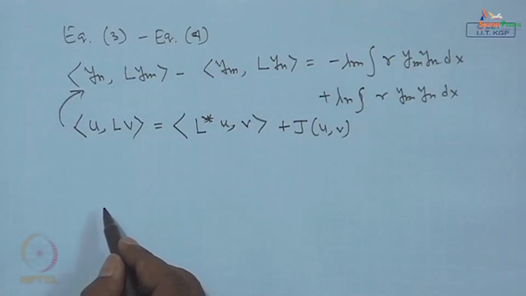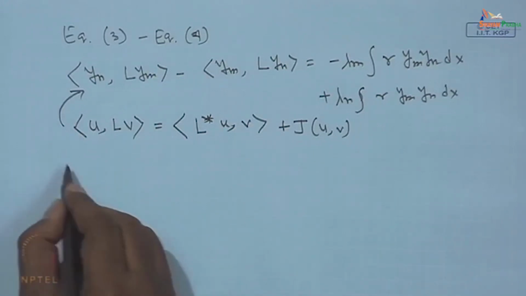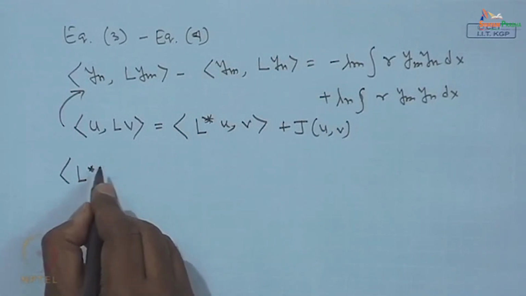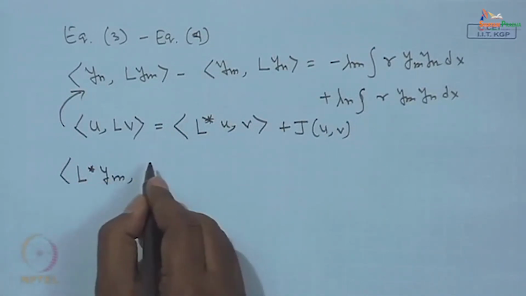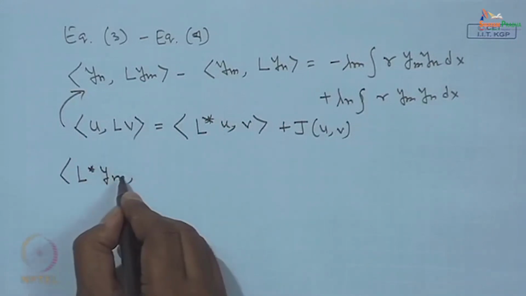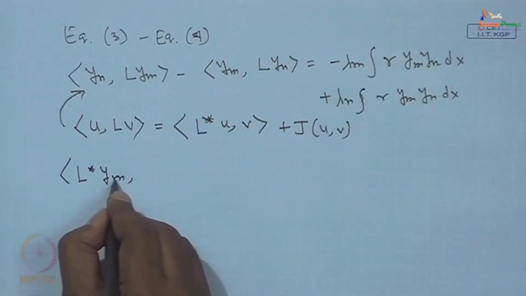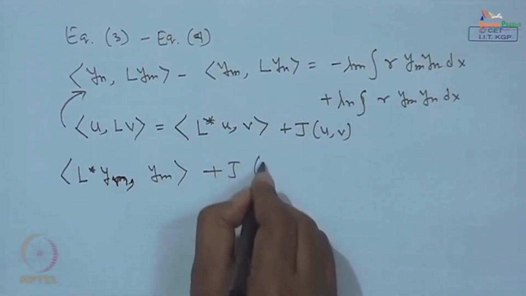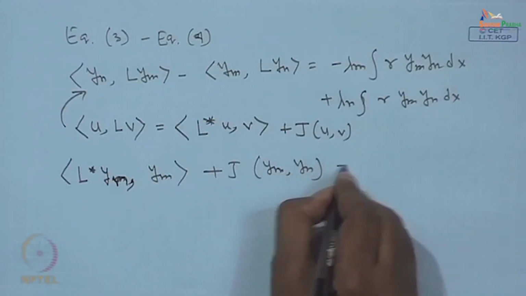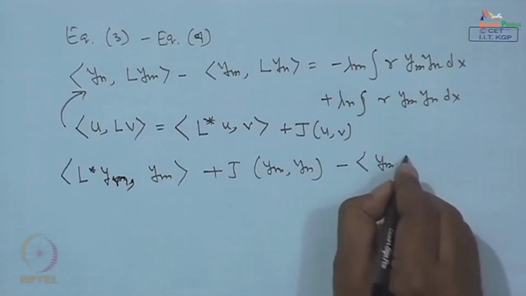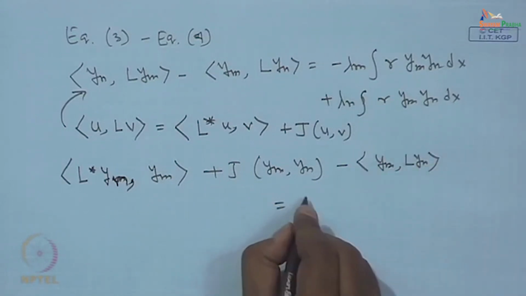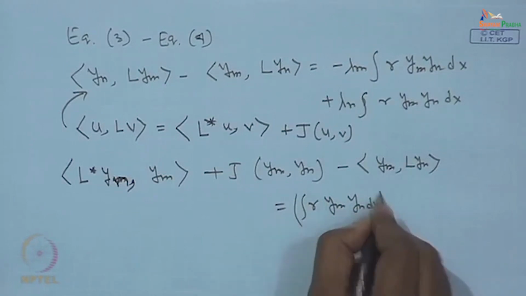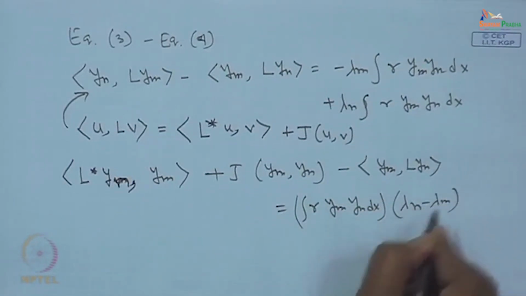So what you get is the inner product of L star yn and ym, plus J times the inner product of ym and yn, minus the inner product of ym and L yn, is equal to, taking the integral of r ym yn dx common, lambda n minus lambda m.